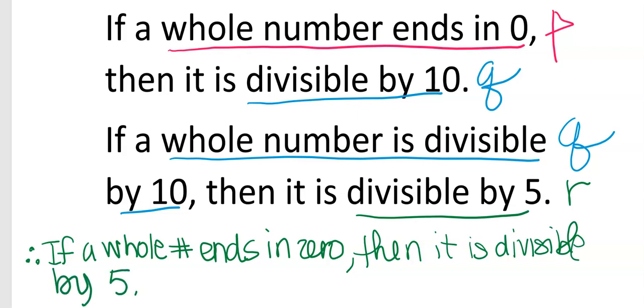And that would work, right? If I had 60, can you divide 60 by 5? Ends in a 0. If I had 20, 20 ends in a 0, 20 is divisible by 5. So every single number that ends in a 0 is going to be divisible by 5.